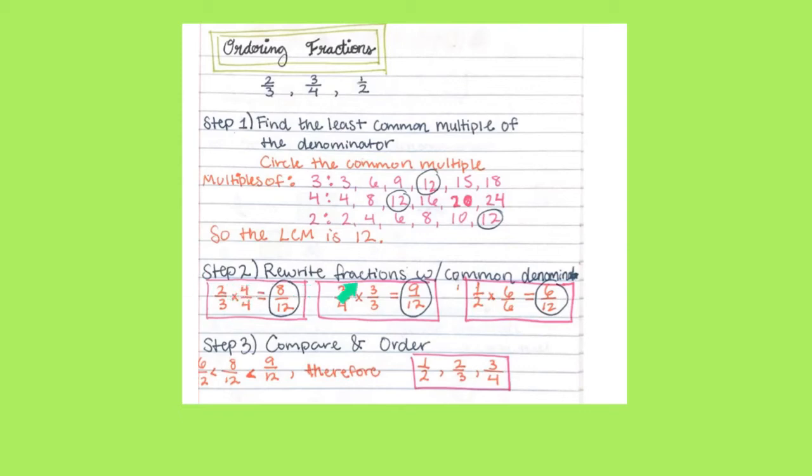Step 2 is to rewrite fractions with common denominators. Again, our goal is to rewrite our fractions with a denominator of 12. It's important to remember that we do not want to change the value of our fractions. Therefore, if we multiply our denominator by 4 here to get 12 as our new denominator, we must also multiply our numerator by 4 in order to keep the value of our fraction the same.